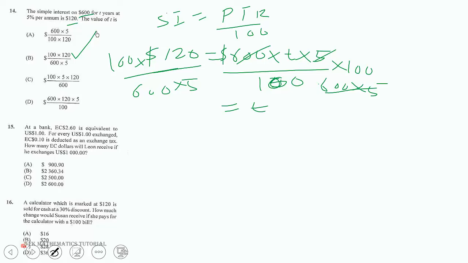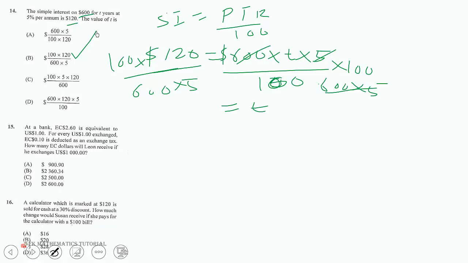At a bank, EC $2.6 is equivalent to $1. For every $1 exchange, EC 0.10 is deducted as an exchange tax.